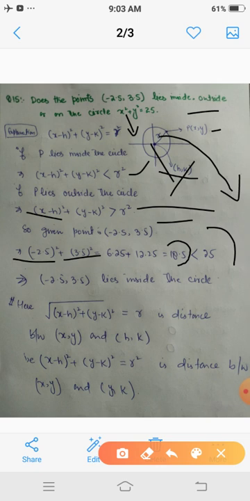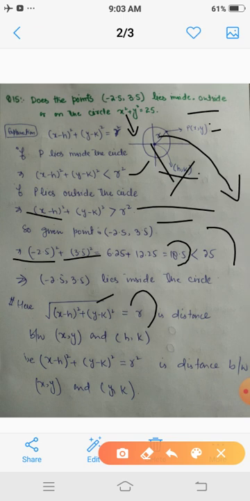Remember here why we are saying that if it is less than r², the point lies inside, because the distance between this point (h, k) and P(x, y) is √((x − h)² + (y − k)²). Now if it lies on the circle, its distance is r. If it lies inside the circle, its distance is less than r. If it lies outside the circle, its distance is greater than r.